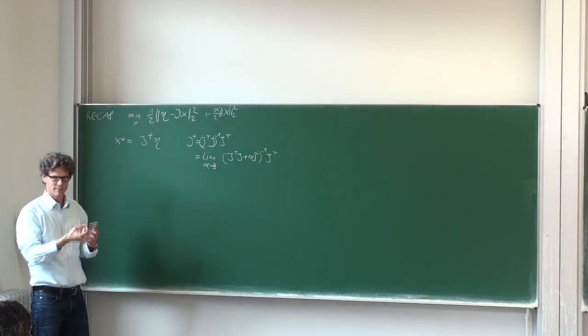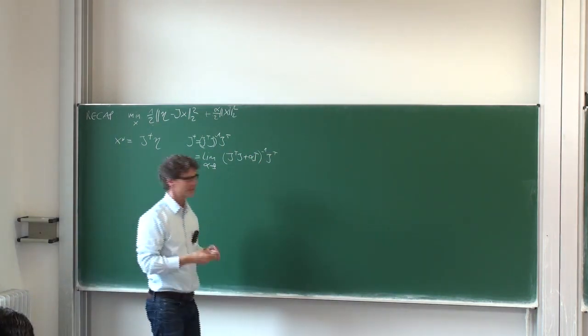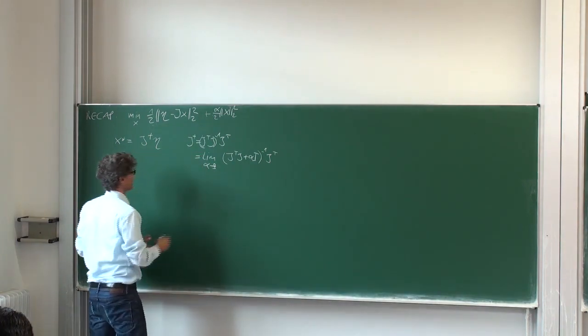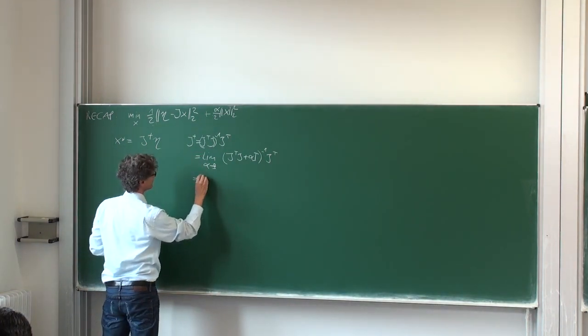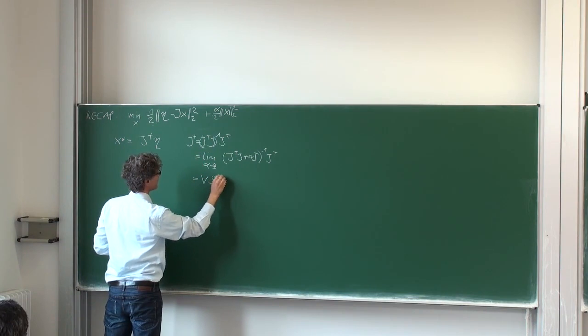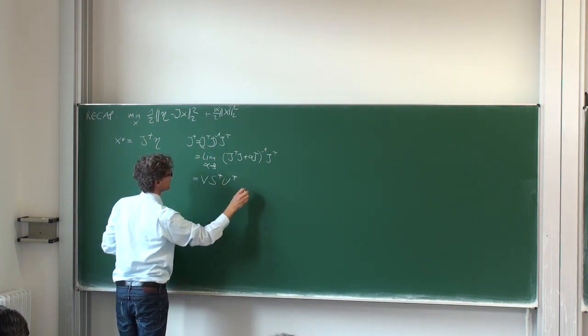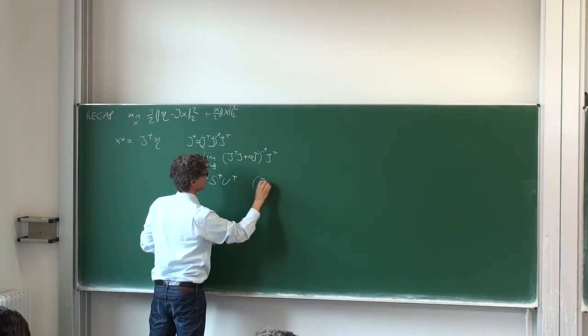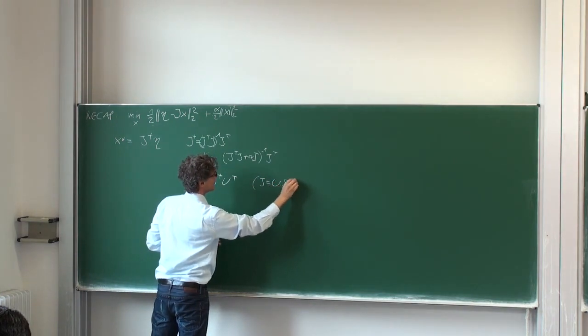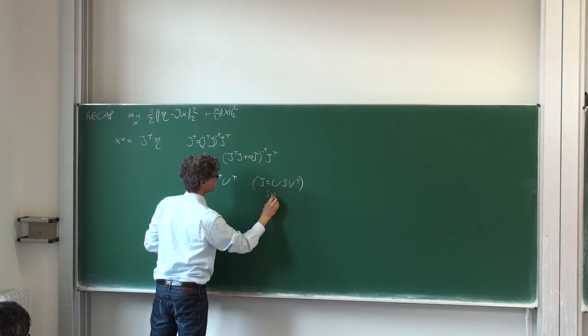And we have shown that this limit is related to the singular value decomposition, given by V S plus U transpose, where J is U S V transpose, the SVD.